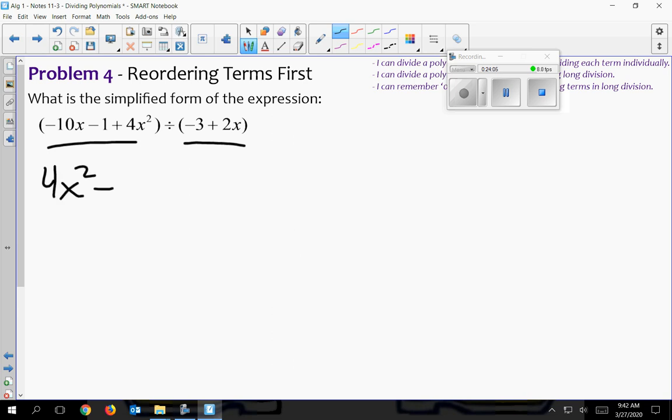I do have a power of 1, and I have a constant of negative 1. Okay? Divided by, and I need to flop these, so I'm good to go there. Okay? I have all the powers in order, from biggest to smallest, so I don't have to add anything. I can just get going. Okay? So we're just seeing if you know what standard form is.